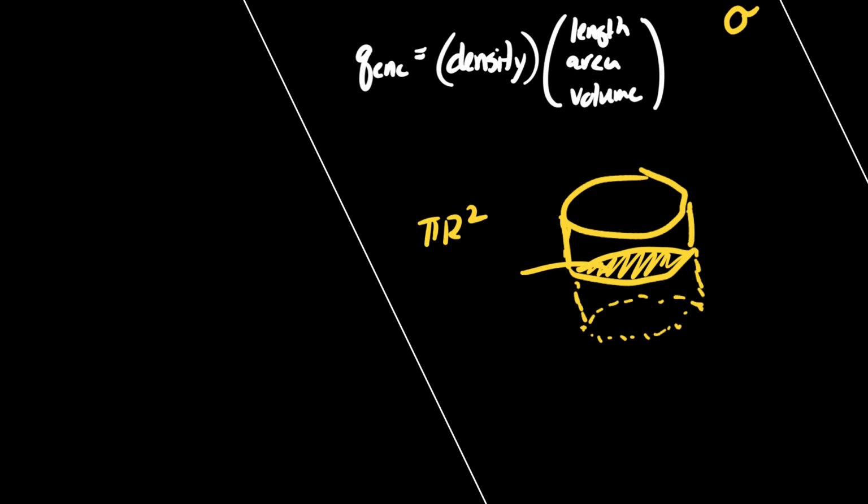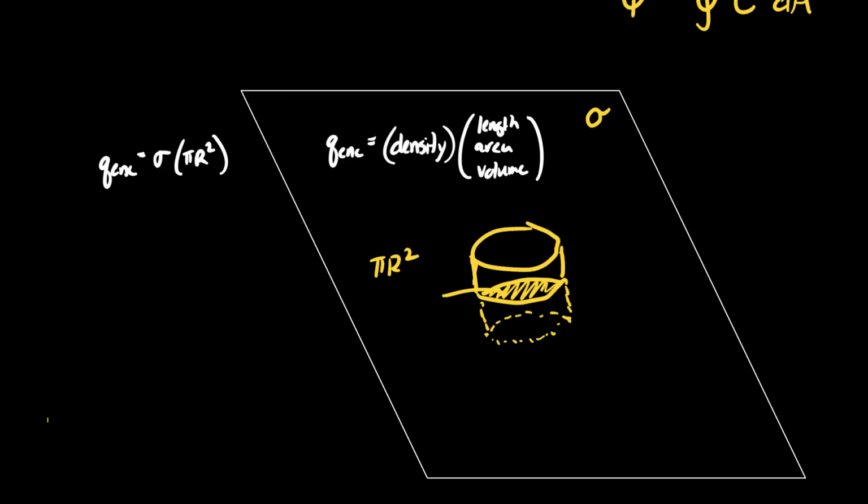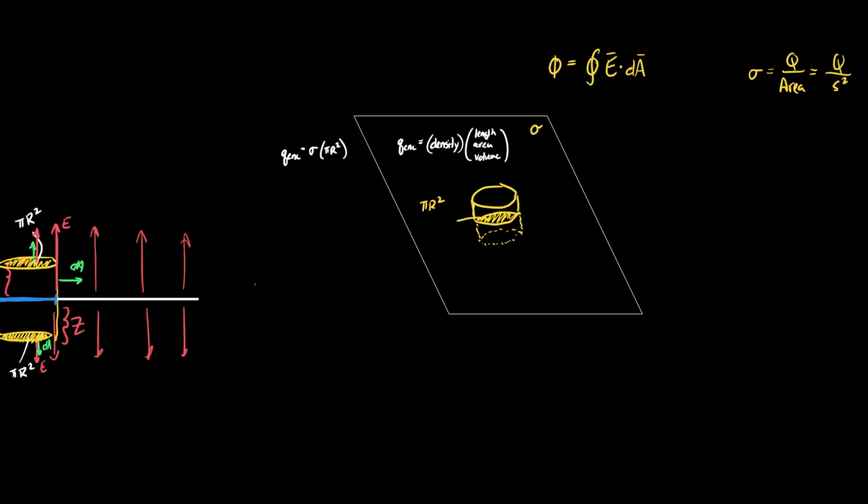So I think we can just say Q enclosed equals sigma times pi r squared, since pi r squared is the amount of surface enclosed. Is that all okay? Does that make reasonable sense? So now we can begin to assemble our flux.